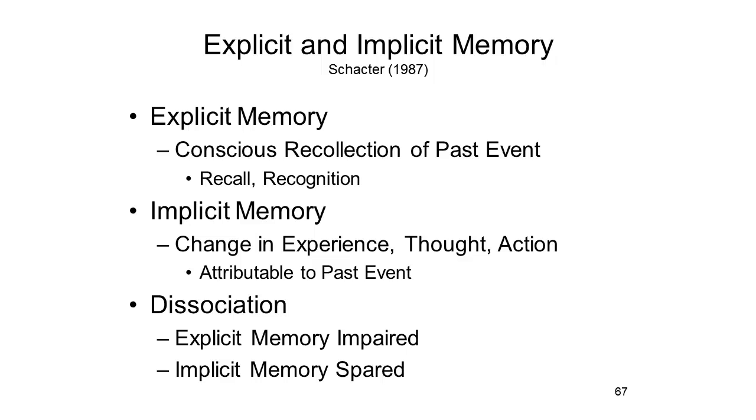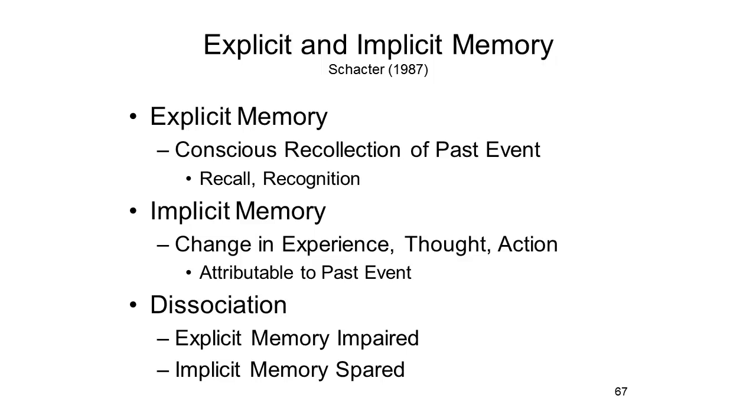But if you think about it, there are lots of other ways in which we can express our memory for some past event. Implicit memory refers to any change in the person's experience, thought, or action that is attributable to a past event. The fact that some past event has affected our current behavior implies that we've retained some memory for that past event, even if we can't consciously remember it.